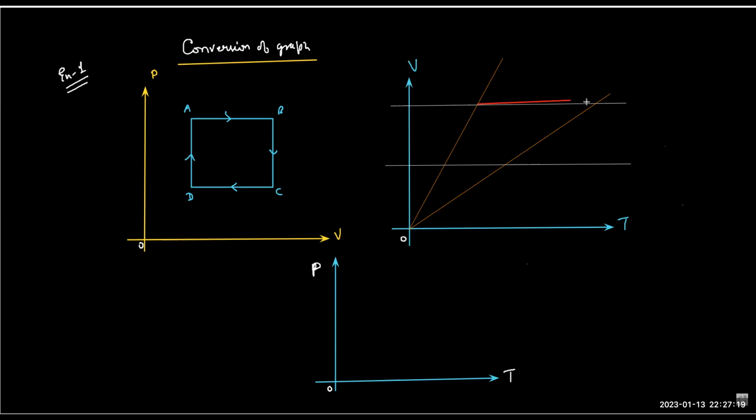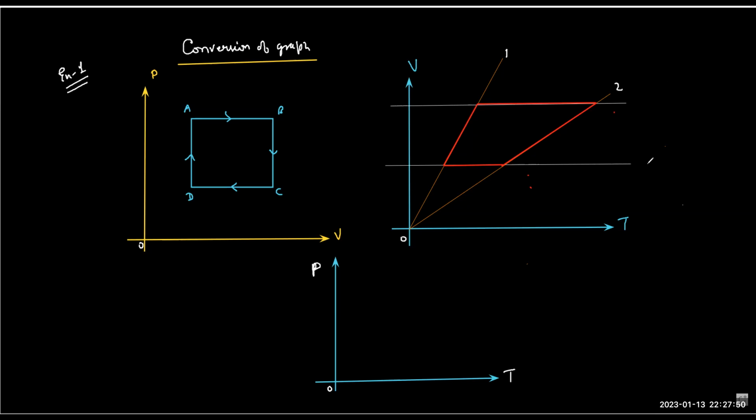Now, which isobar is at high pressure, one or two? Two, because high pressure means lesser slope, nR by P.